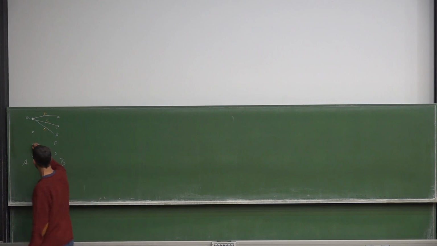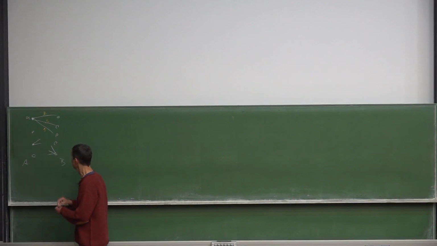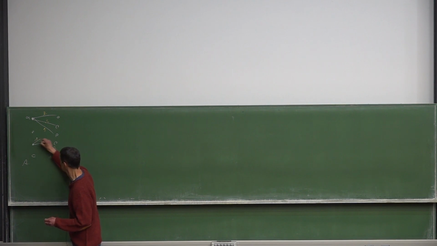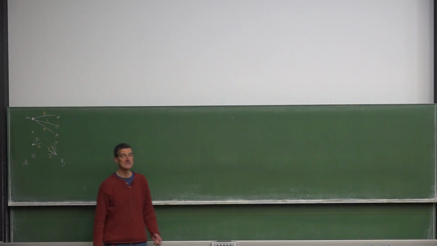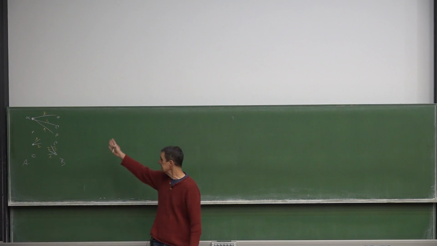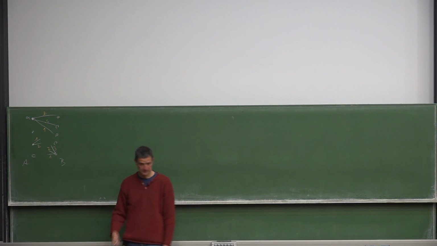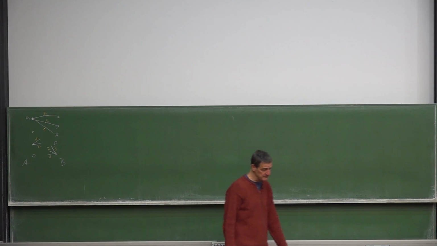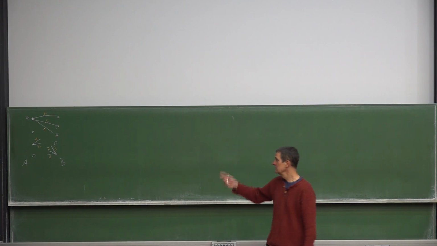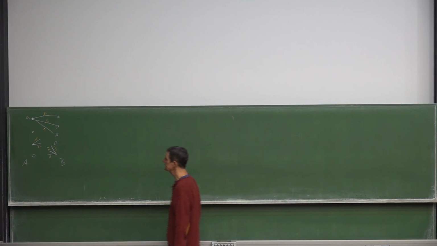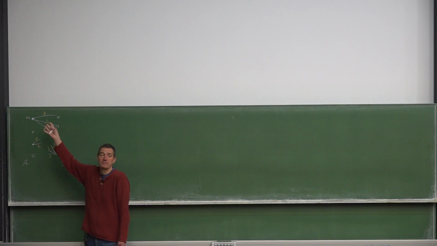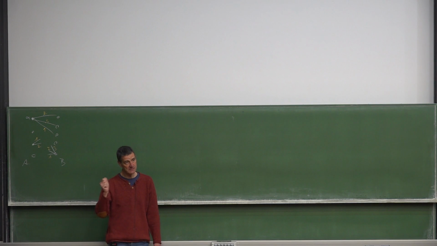And other people in A might have their own preferences, and so might the people in B. So we might then look for a matching in this graph that makes the people as happy as possible, taking into account their personal preferences just individually.